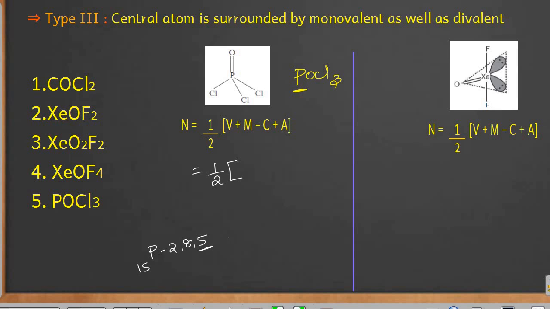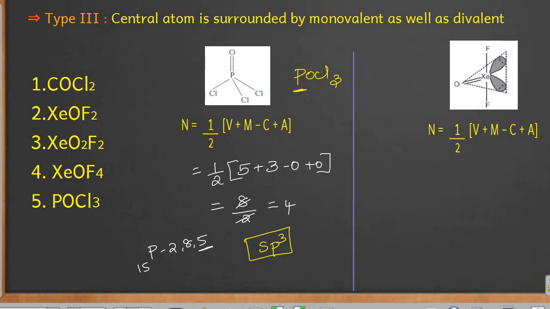V means the number of valency electrons present in the central atom. So here the central atom is P. P stands for phosphorus. So here the valency is 5. There are monovalent atoms, 3 in number, that is 3. No cation, no anion. Okay, so total 8 divided by 2, and here you will get 4. 4 means the hybridization is sp3 hybridization.